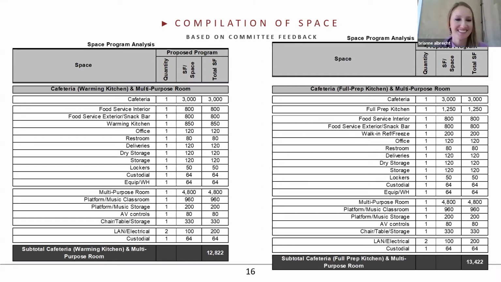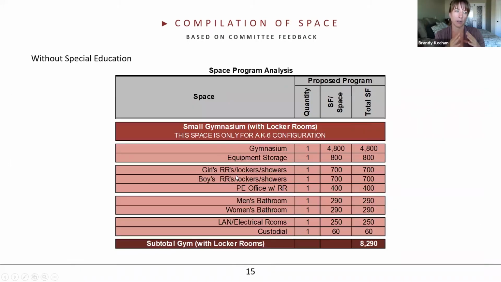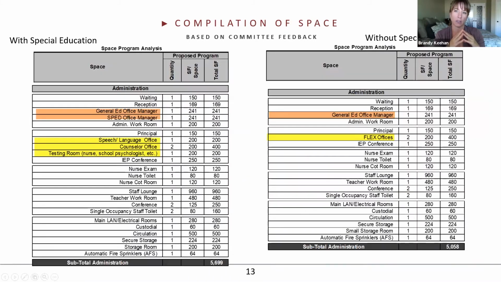And Brandy, I see your hand is raised. Do you have a question? It's from earlier. We're talking about counselor space, but in our elementary model, the counselor holds classroom lessons that can have 35 students.